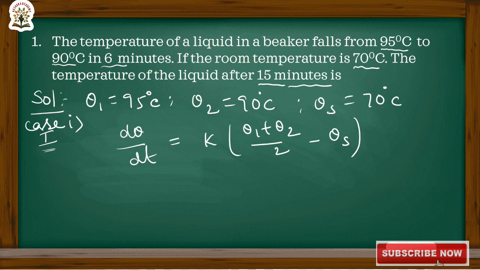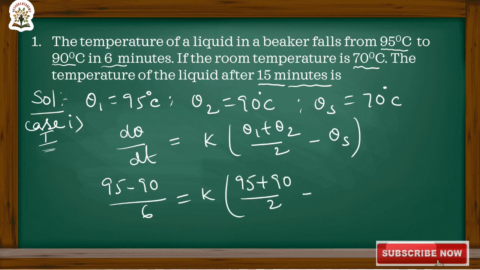So substituting values, (95 minus 90) by 6 minutes is equal to k of (95 plus 90) by 2 minus theta s, the given 70. So next, 95 minus 90, 5 by 6 is equal to k of (95 plus 90), 185 by 2 minus 70.